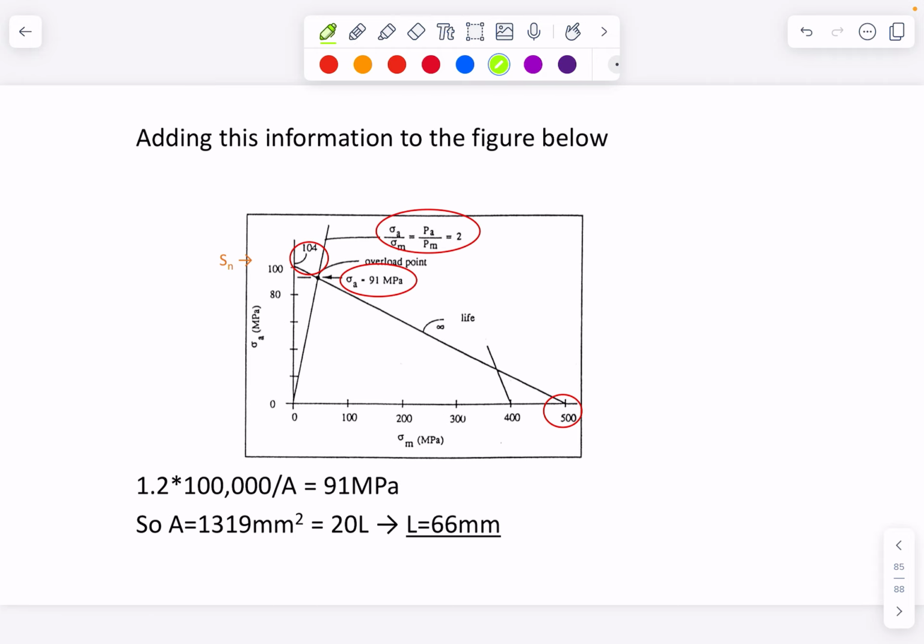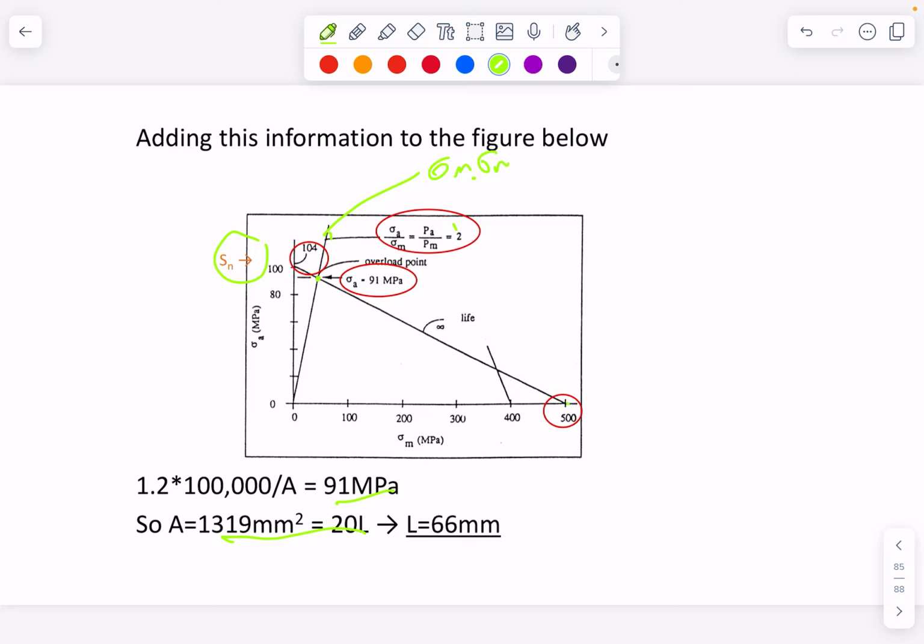We've worked out what our endurance limit is, which is 104. We worked out where ultimate is. We can draw that. This is basically our sigma M, sigma A line, right? And we can work out from there what our yield strength is, or what our allowable stress is.